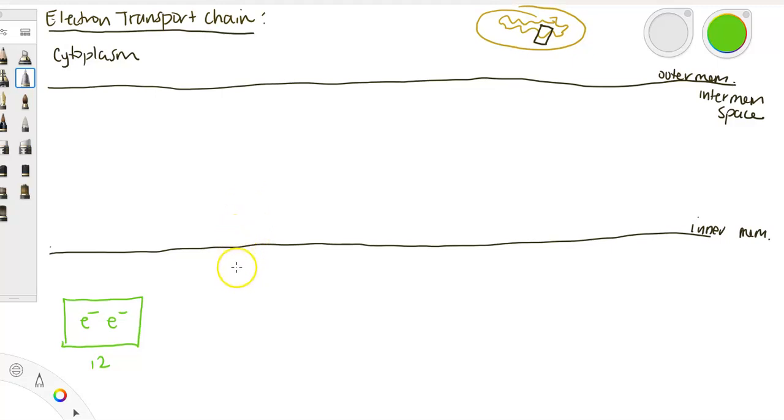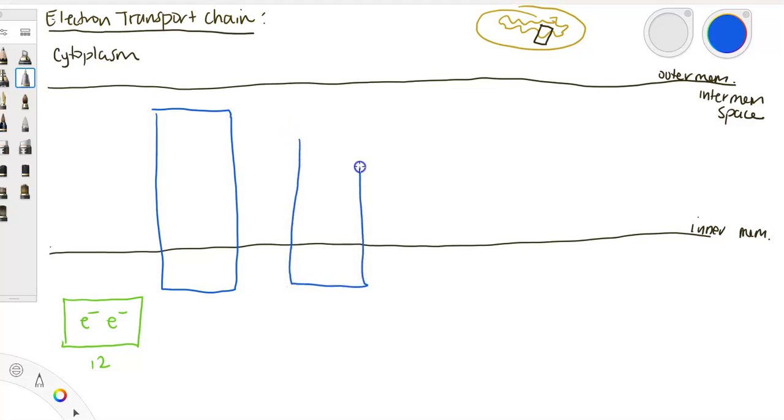Okay. All right. So on the inner membrane, there are proteins. I'm going to draw them like this, but they're proteins that get a little bit smaller as they go down. So they're in kind of like a line, right?